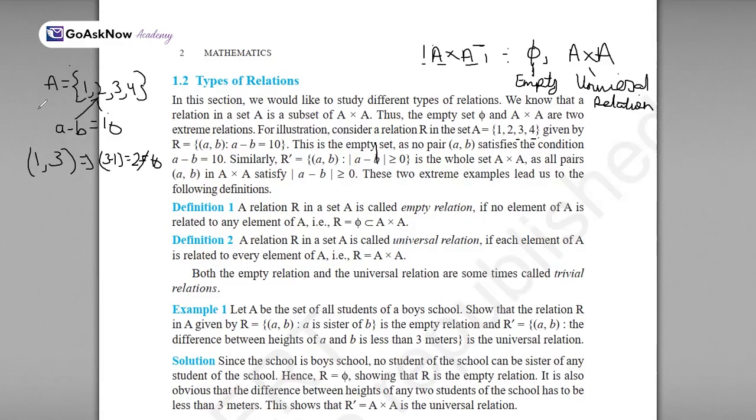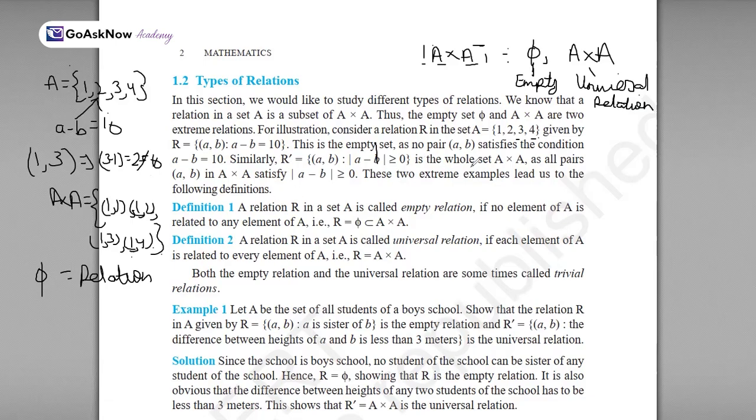If I write A cross A, it contains 1, 1 and 1, 2 also, 1, 3, 1, 4. I cannot find any ordered pair which has a difference equal to 10. So this is a null relation. This is an example of a null relation, or you can say the empty set, so it is an empty relation.